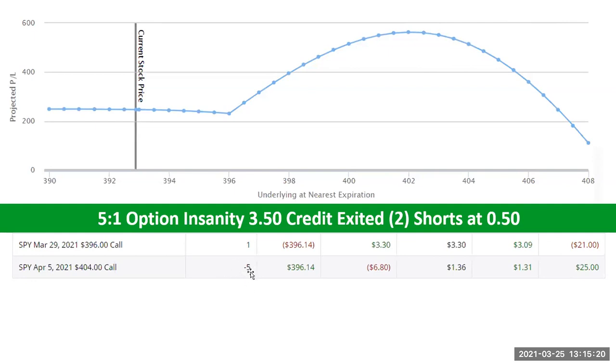Now, with this, I tried the 5-to-1, and it cannot be placed as a spread now. The maximum number of contracts in a leg in a spread can only be 3. Otherwise, they just set the order there, and it just sits there.